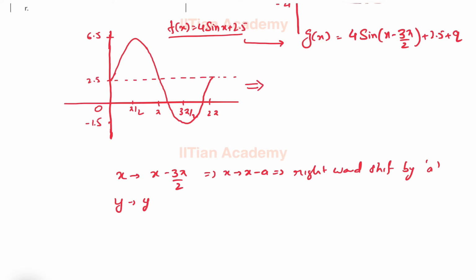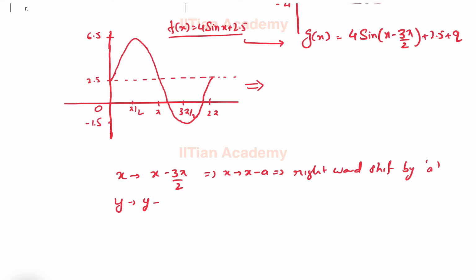and when y is replaced by y - q, because q has been added, this is basically adding q on both sides, subtracting q on the left side and adding q on the right side.